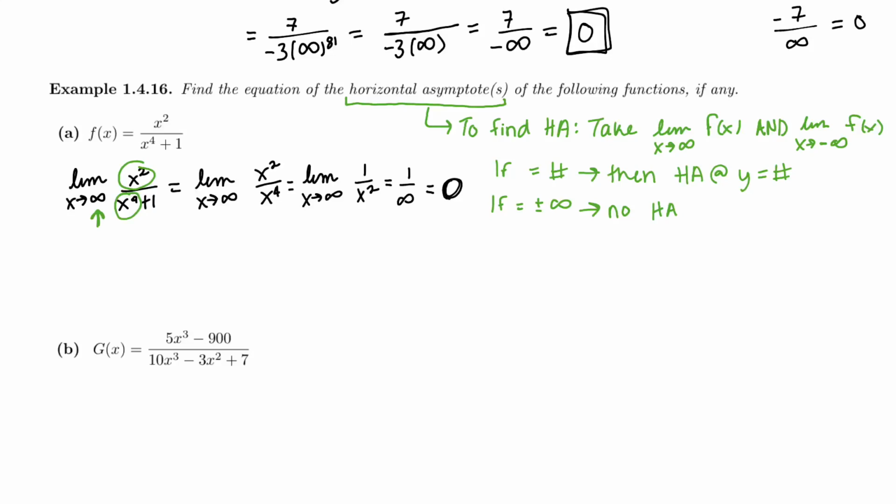I mean, it'll be infinity squared, but infinity squared is just infinity, so 0. Because we got an actual number here, we can right away say there's a horizontal asymptote at y equals 0. There might be another one, so we have to take the other direction, but we can say at least that there's one at y equals 0.